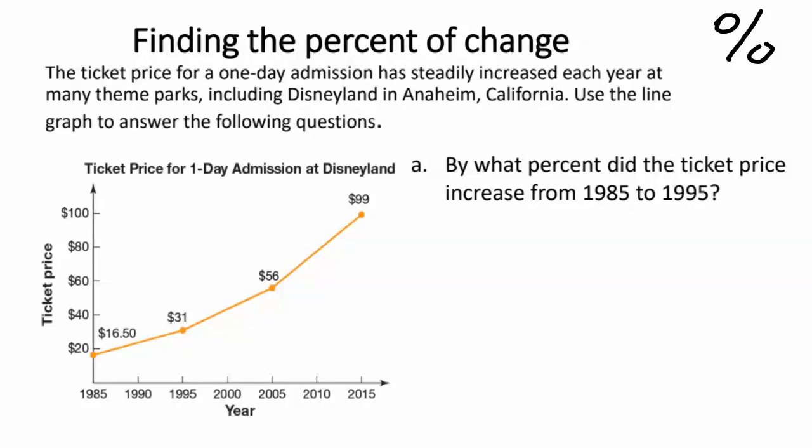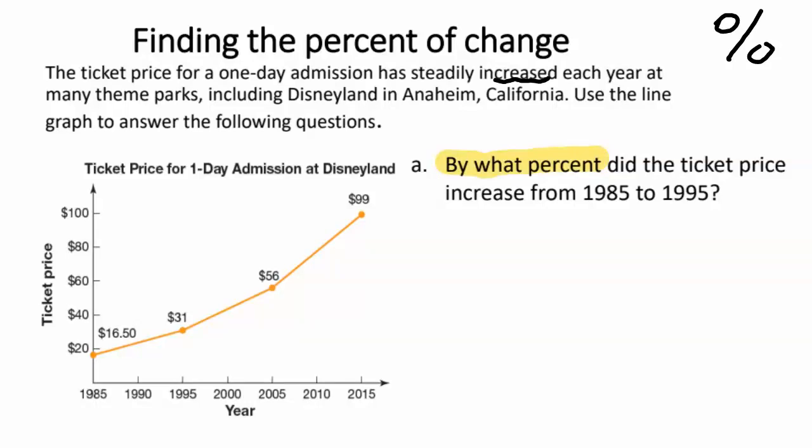Okay, we're talking about increased each year at many theme parks, including Disneyland in Anaheim, California. Now we're using this graph. It's got some information. Now notice, this problem says, by what percent?